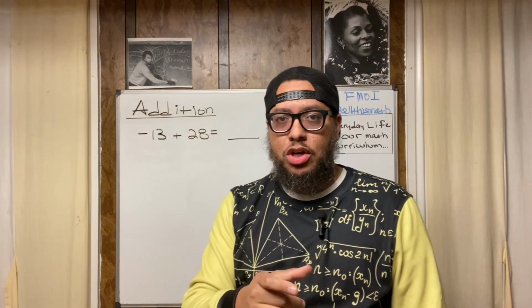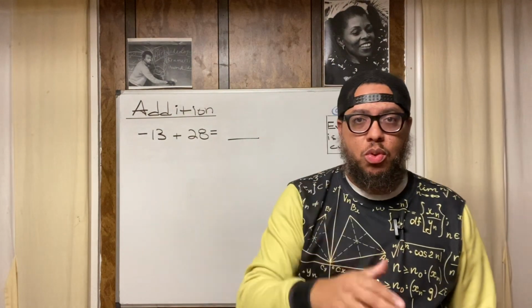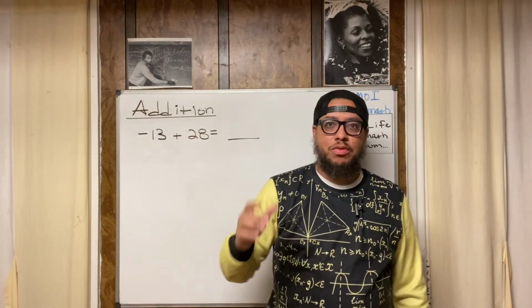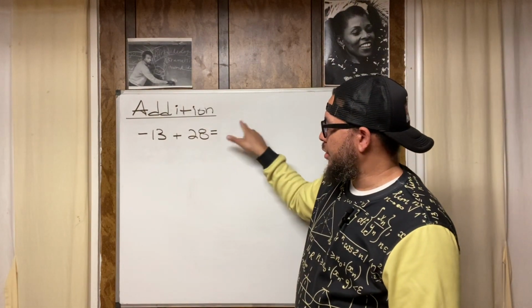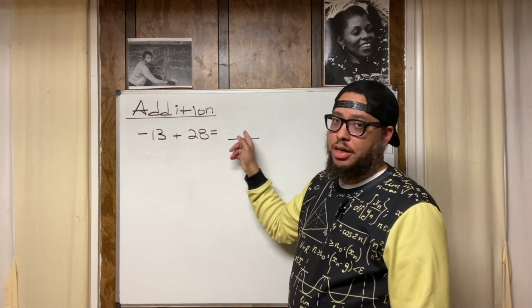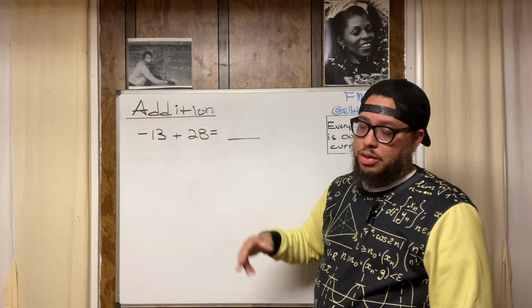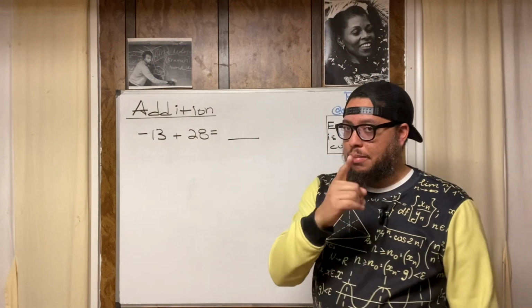When we multiply terms, our result is called a product. When we divide terms, our result is called a quotient. When we subtract terms, our result is called a difference. So we're looking for the sum. This is basically an algebraic equation, because if I put a variable right here, then we'd be solving for the variable, whether it be x or y or z or a or b or c. Keep that in mind too.